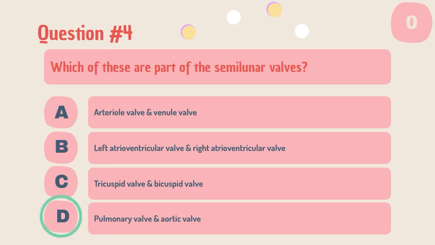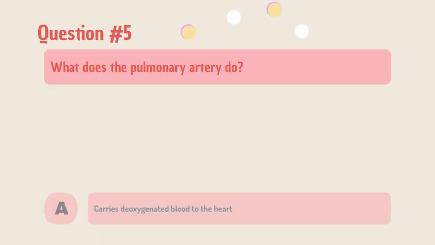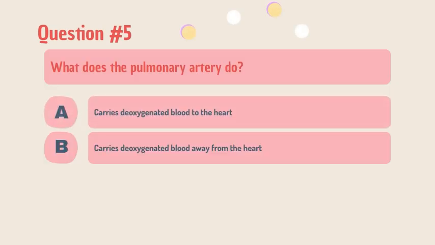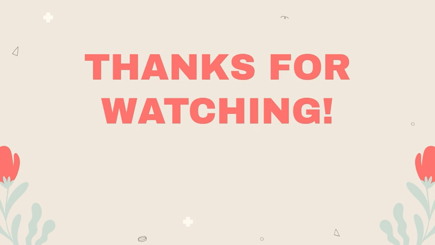Correct answer is D. Question number 5. What does the pulmonary artery do? Correct answer is B.